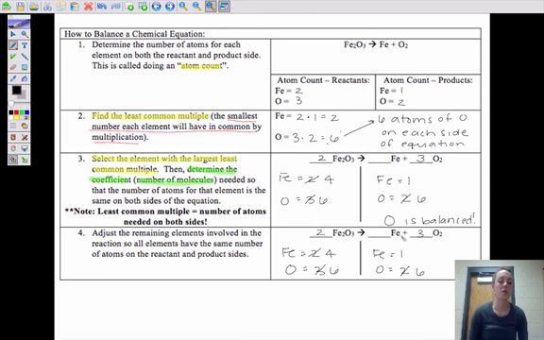So because iron has a subscript of 1, the easiest thing to do is just to put a 4 here, because 4 times 1 gets me 4 atoms of iron. So now iron is balanced. So our 2 different elements are balanced. That means our equation is fully balanced and we can move on.